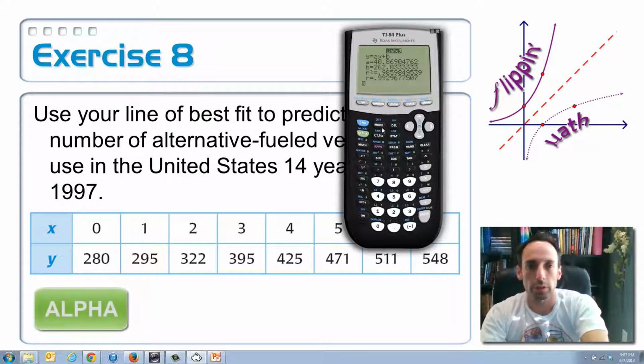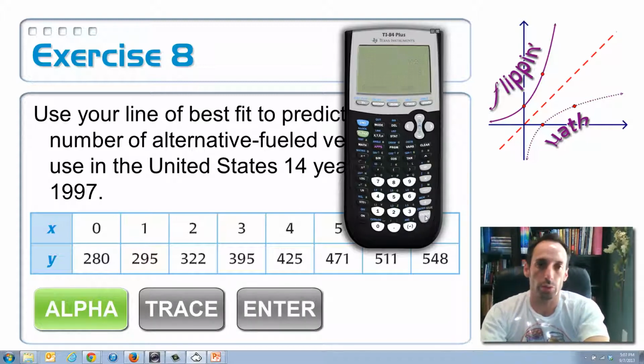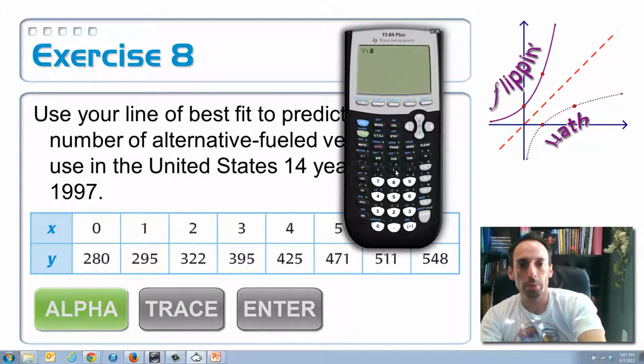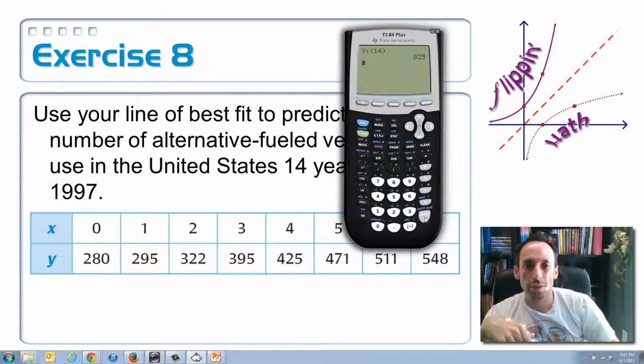Hit alpha and then F4, and there's a list of them right there. It's the first one. Hit enter. Now I'm going to put in parentheses, it's kind of like function notation. In the parentheses put 14, close those parentheses, hit enter, and I can see it's 835, but this is in thousands, so 835,000.